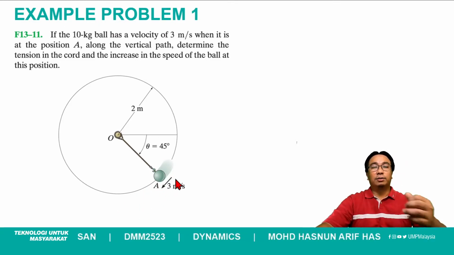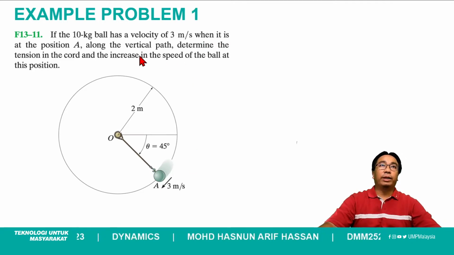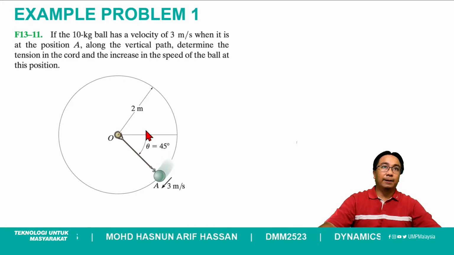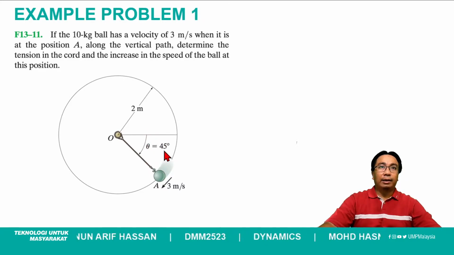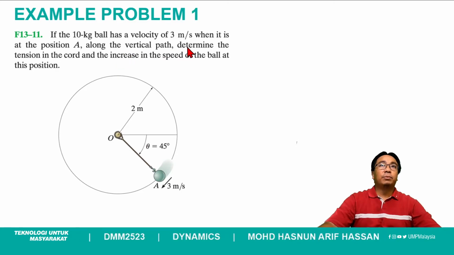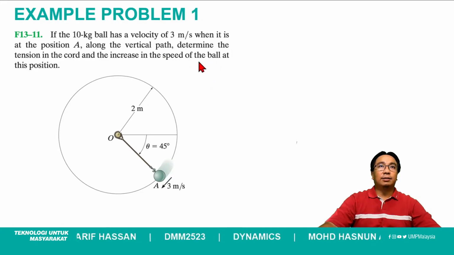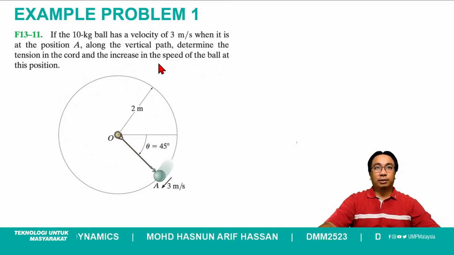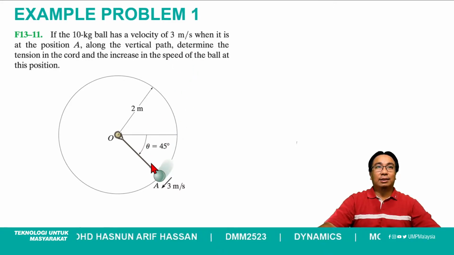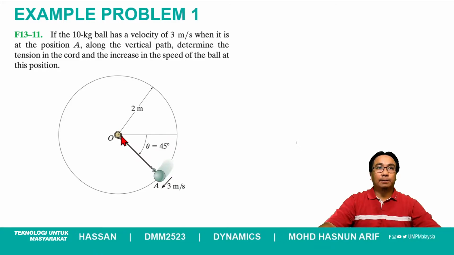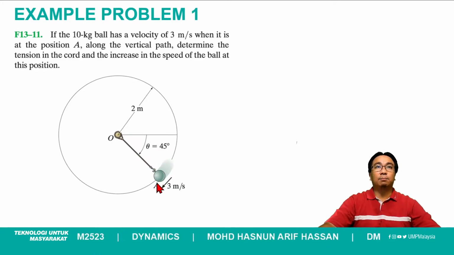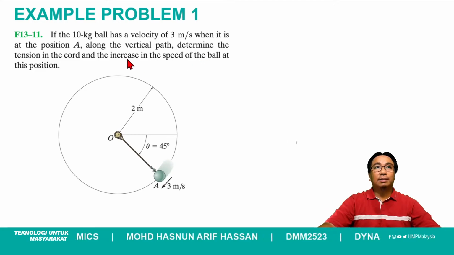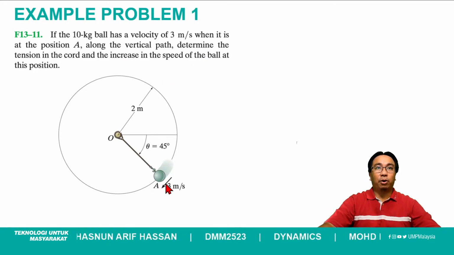Remember, the velocity is always tangent to the path. When it is at position A, given angle theta is 45 degrees, determine the tension in the cord and the increase in the speed of the ball at this position. Increase in the speed means the acceleration of the ball at this position. So the question asks us to calculate the tension in the cord at this moment, as well as the acceleration of the ball at this moment.